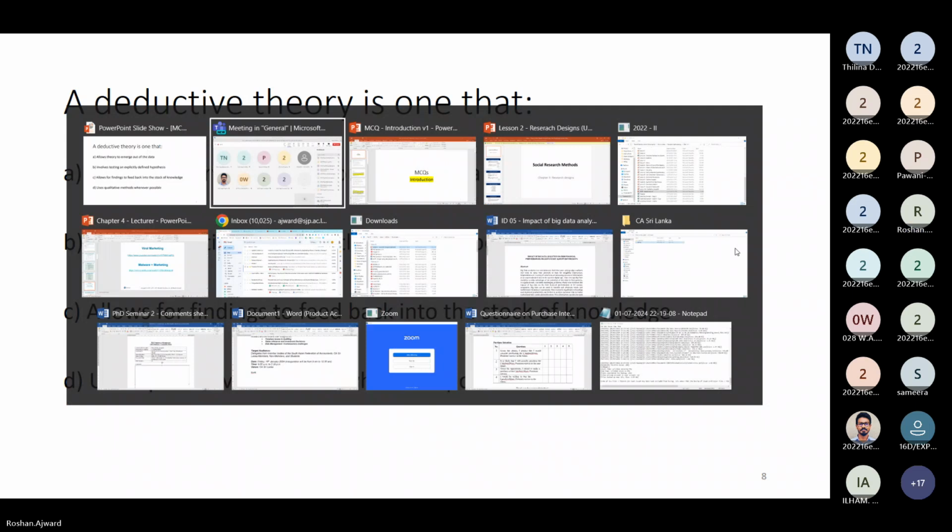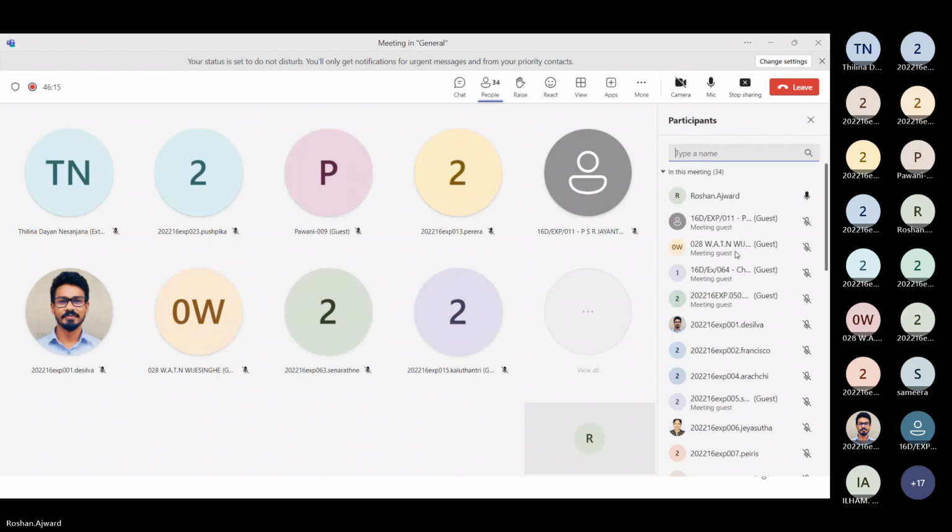We'll ask some students. Chaturanga, what do you think is the correct answer?